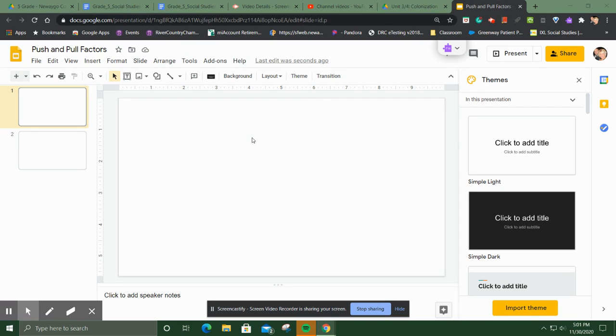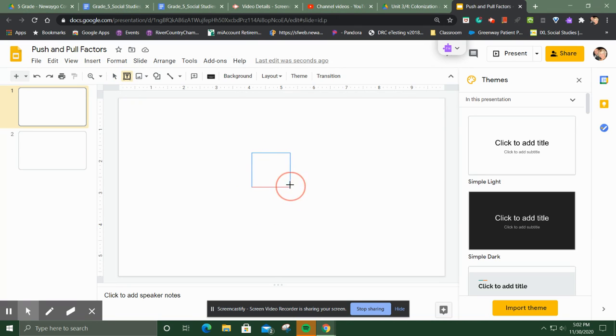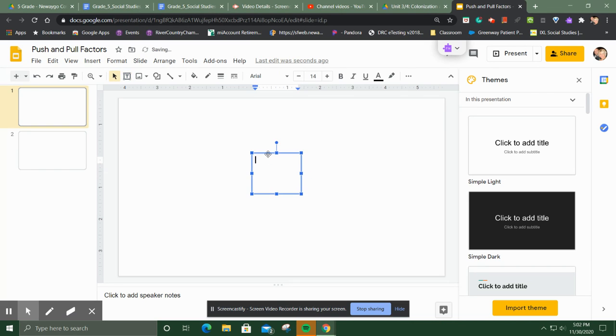So I'm going to start out by making a thinking map on a slideshow presentation to help you understand the push and pull factors. I'm going to put a text box right here in the middle, and the middle of our map is going to say reasons people left Europe and settled in the Americas.